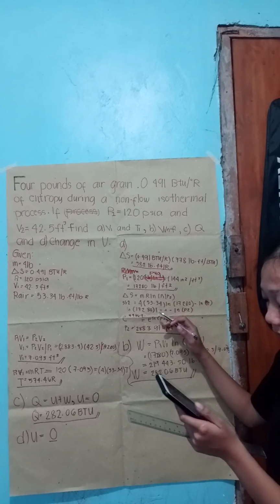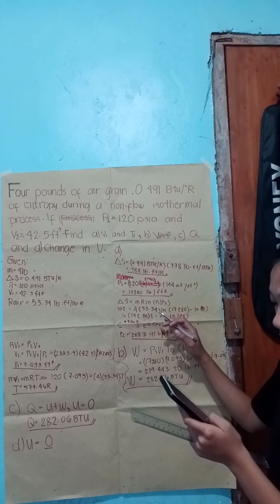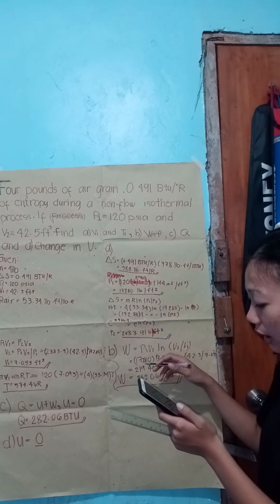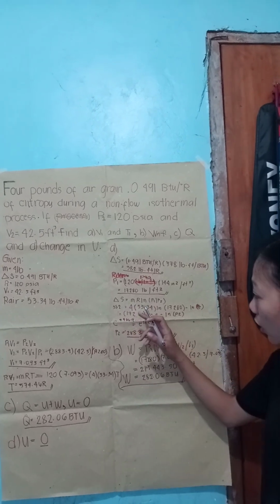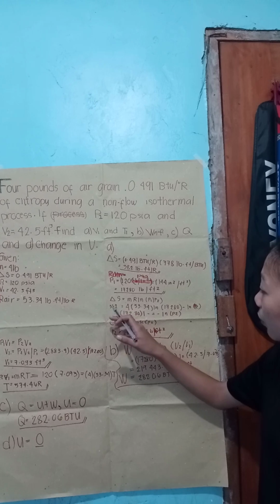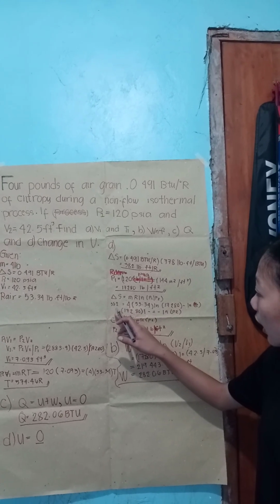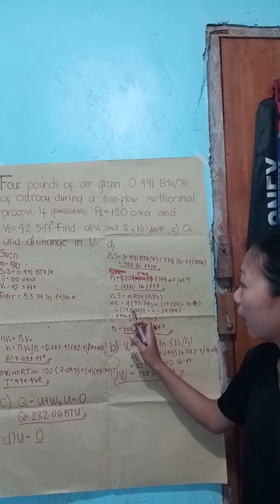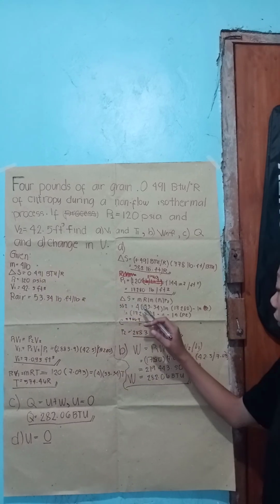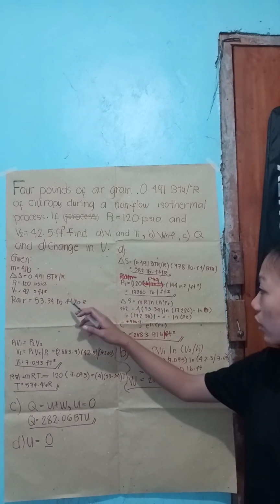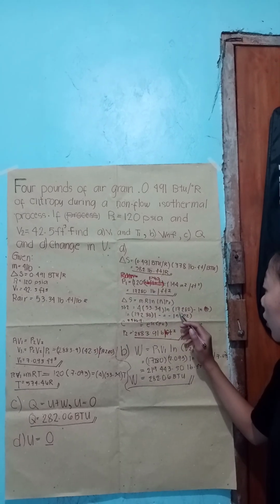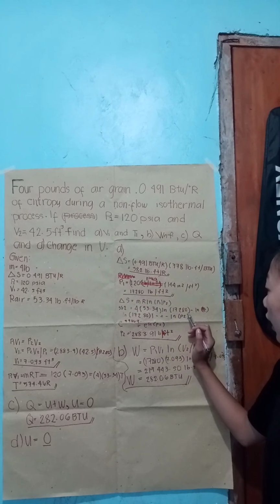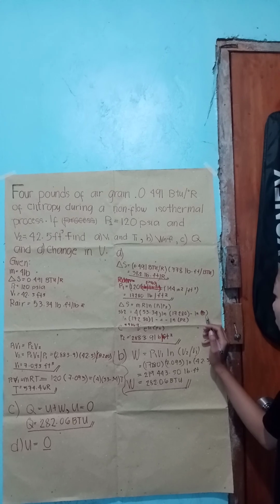So using the entropy change equation for an ideal gas, which is mR ln P1 over P2, we can input this one, change in entropy, which is 382 that we got here, and then the 4 pounds, which is the given mass, and the 53.34, which is the gas constant for air, and then ln the converted P1, 17,280, and then ln P2.